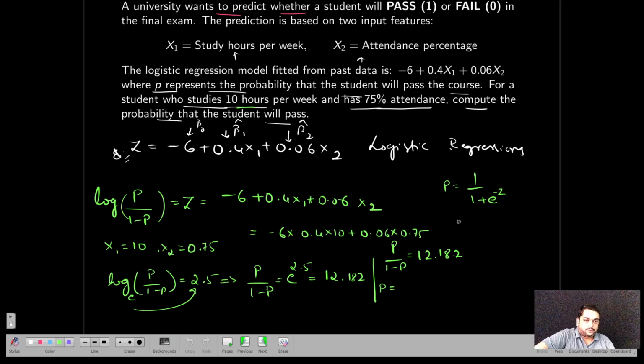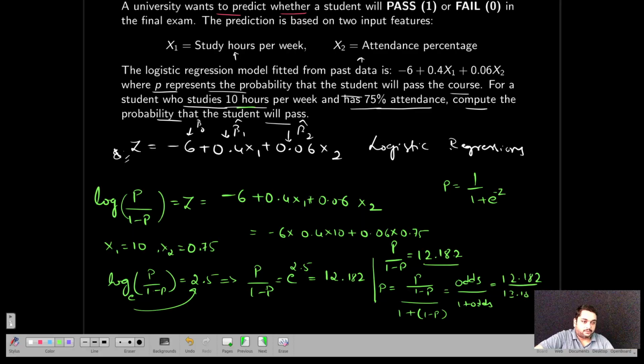If I substitute in this p by 1 minus p, I can rewrite p as odds divided by 1 plus odds, that is p by 1 minus p divided by 1 plus p by 1 minus p. It is nothing but the odds formula divided by 1 plus odds. So you can directly find it. This is 12.182 divided by 13.182, so I will get 0.924.